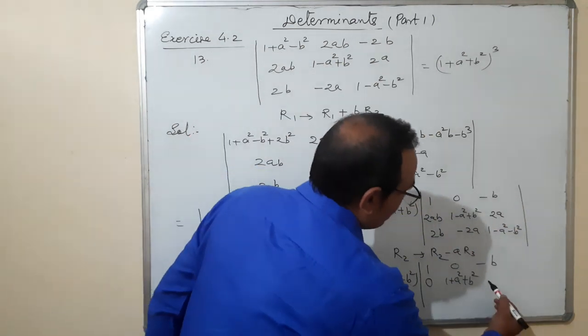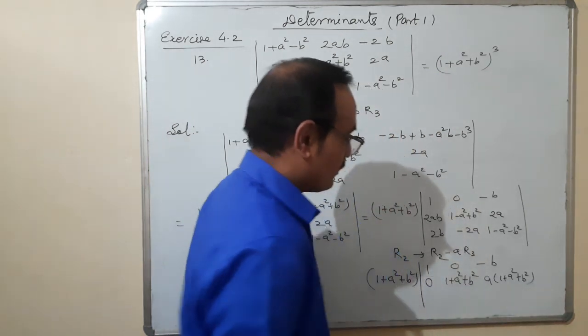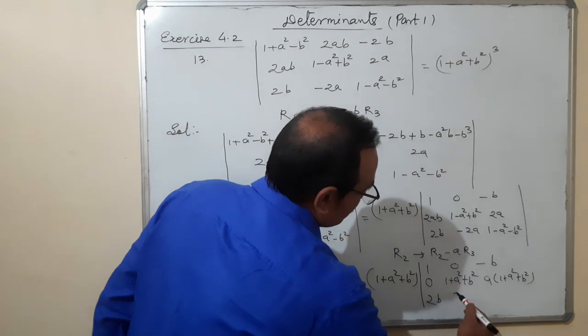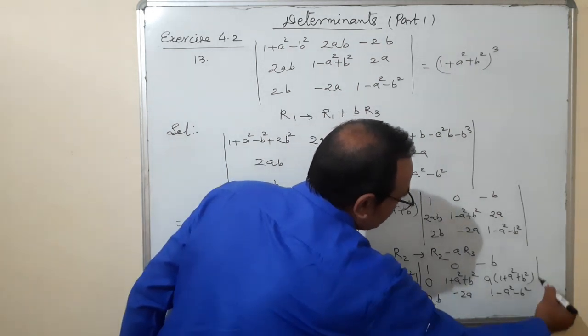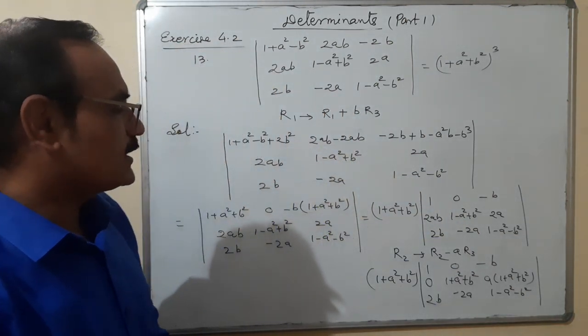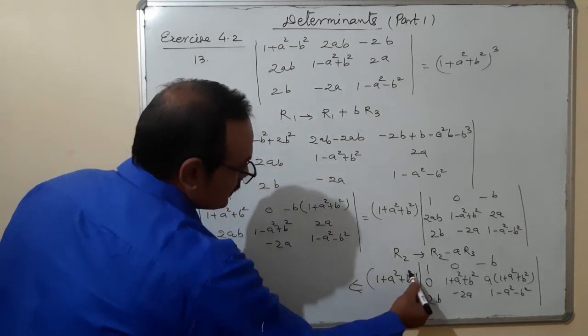So if I take a common, what is coming? 1 plus a square plus b square. Okay. And the third row is 2b, minus 2a, 1 minus a square minus b square. Now you see that from the second row we can take 1 plus a square plus b square common.